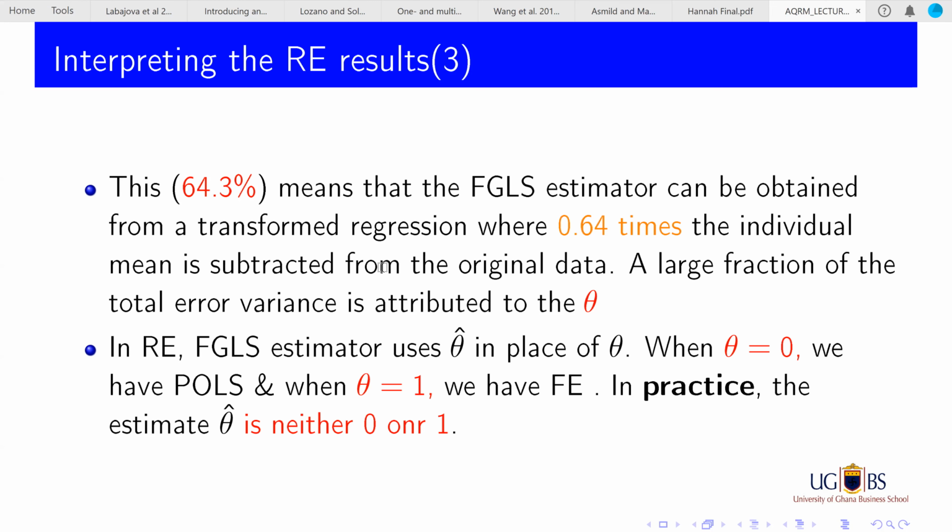So you can perform the random effect estimator from the transformed model, and you can only perform it because 64% of the information is contained in the unobserved factor. So the unobserved factor makes it sensible for you to do that. A large fraction of the total variance is attributable to this unknown value.